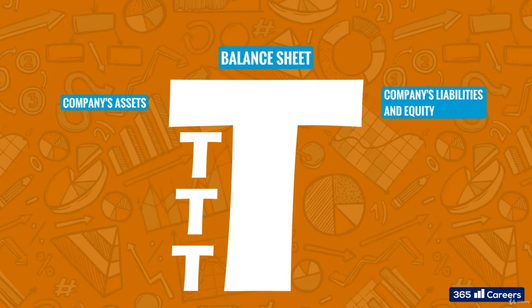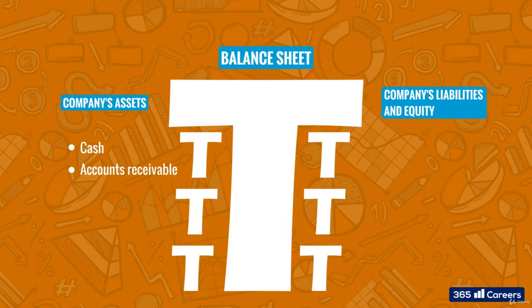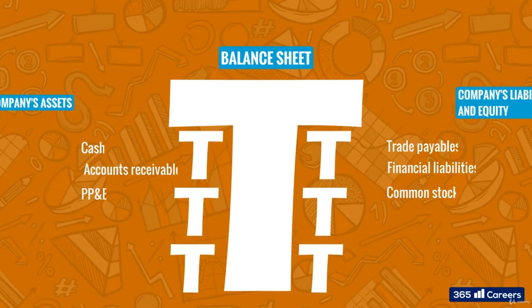Contained inside this large T account will be smaller T accounts, on the left, the asset side, and on the right, where we have liabilities and equity. Each of these accounts represents a separate general ledger, such as cash, accounts receivable, PP&E on the asset side, and trade payables, financial liabilities, and common stock on the liabilities and equity side.